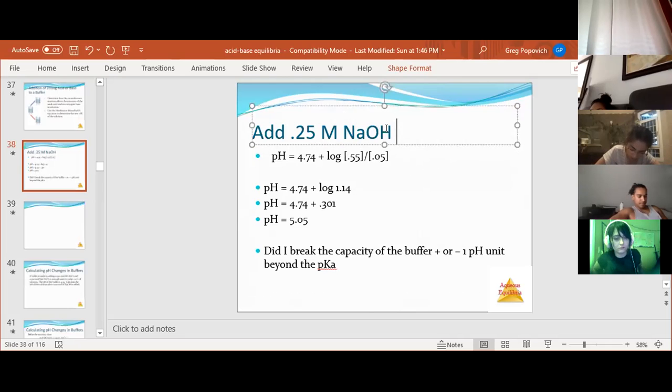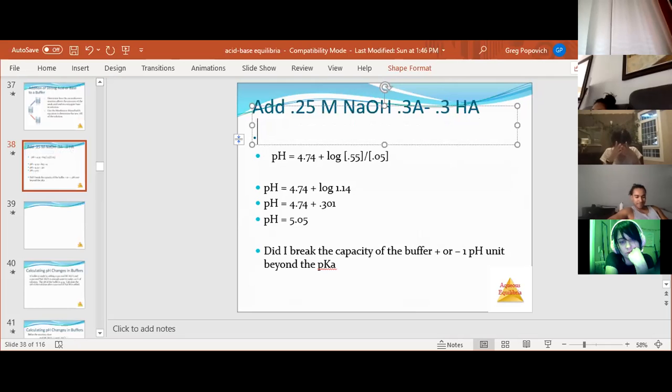Remember what I'm doing. My original solutions are 0.3 A minus and 0.3 HA. So I'm subtracting 0.3 minus 0.25 equals the HA. 0.3 plus 0.25 equals A minus. Because the strong base completely reacts with the weak acid to create more conjugate base.